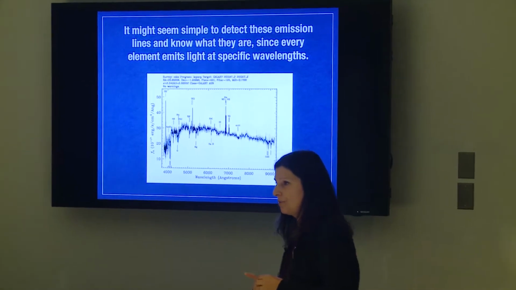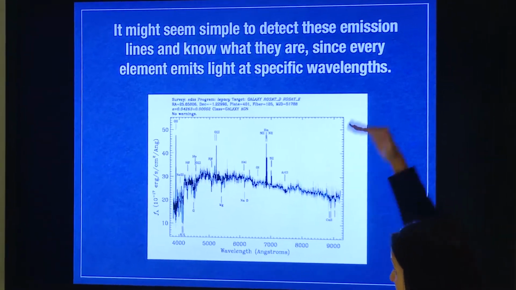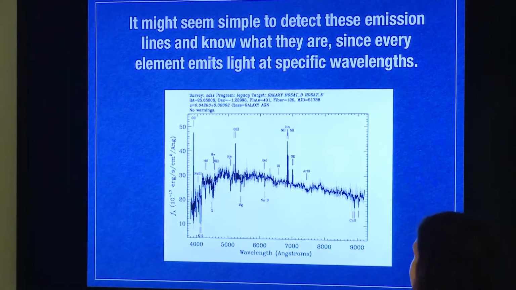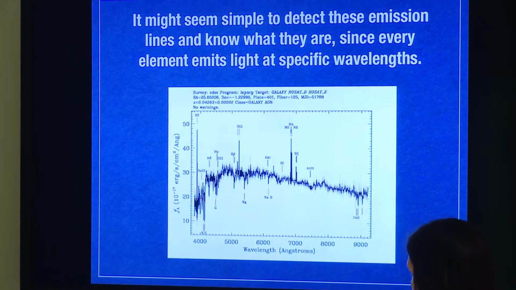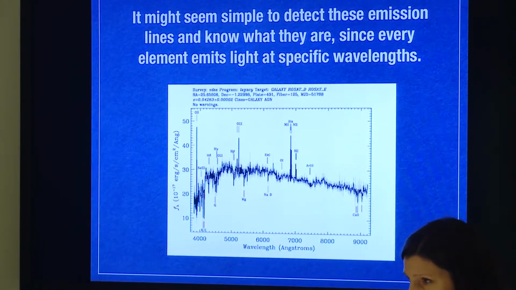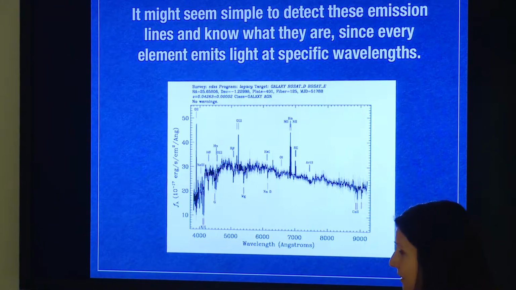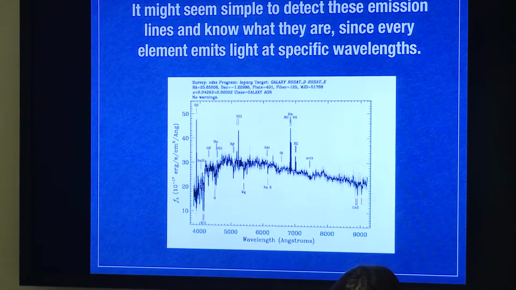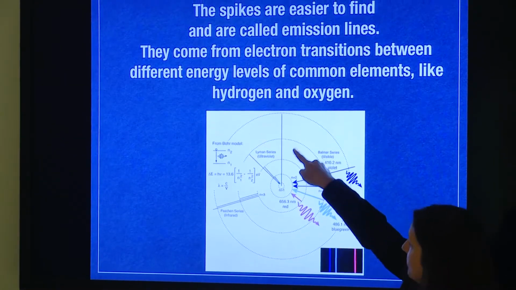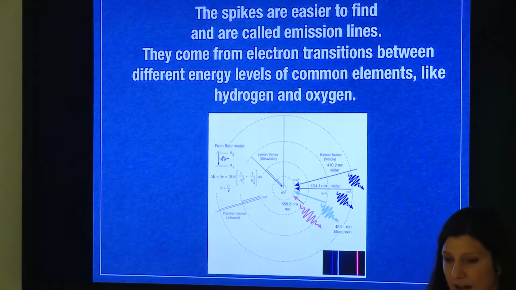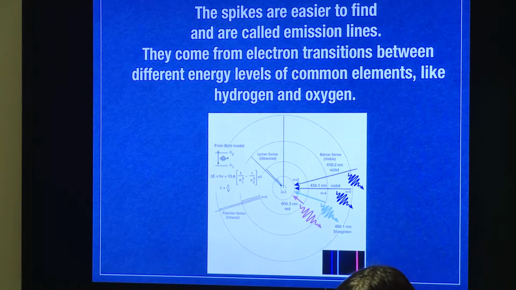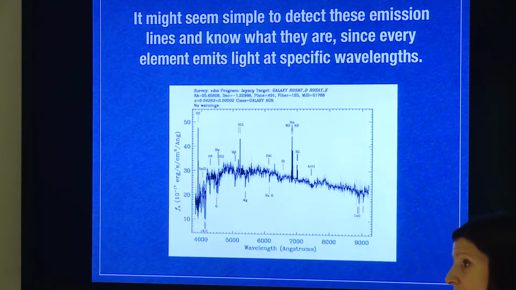These are lines that correspond to jumps from different energy states to the second one. Then you have the Lyman alpha line, which is not at the right wavelength, so it doesn't appear in this spectrum, but it's one of the strongest because it's the very simple one from level 2 to level 1. These are pretty strong just because in the universe, hydrogen is by far the most common element.